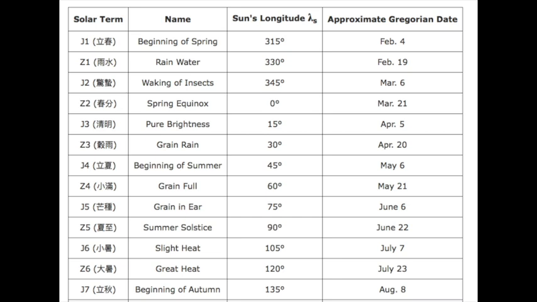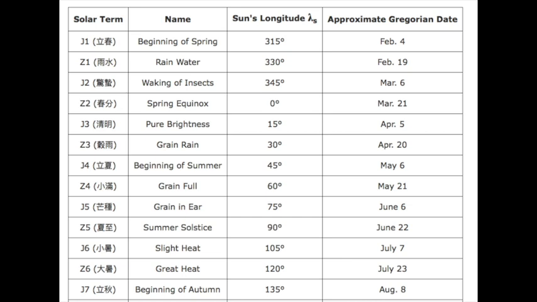Sun's longitude 30 degrees. Approximate day is April 20th, but this year is April 19th. The beginning of summer. Sun's longitude is 45 degrees. Approximate day is May 6th, and this year is May 5th.